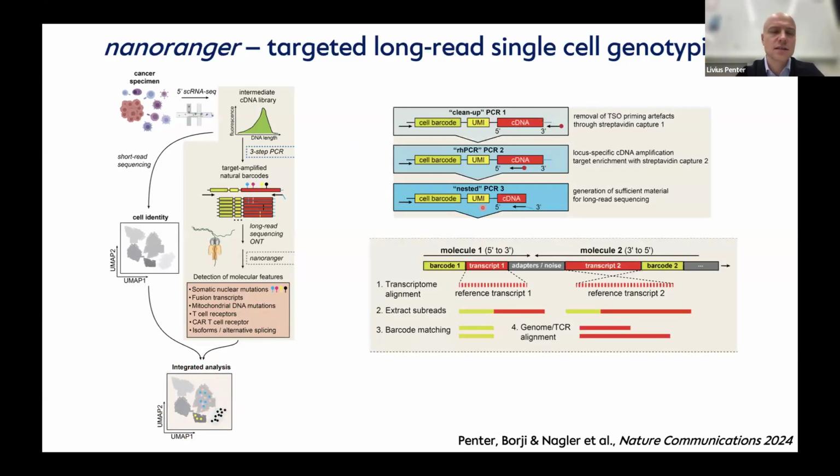It's a 3-step PCR where we first amplify the cDNA further and remove template switch oligo priming artifacts. We then do a first PCR where we amplify a transcript of interest, and then a second nested PCR to increase specificity. And we then go for sequencing, and we have also developed a pipeline that allows you to process that data.